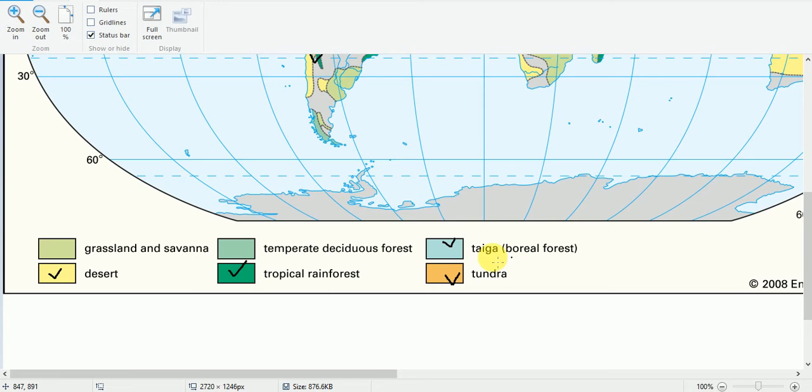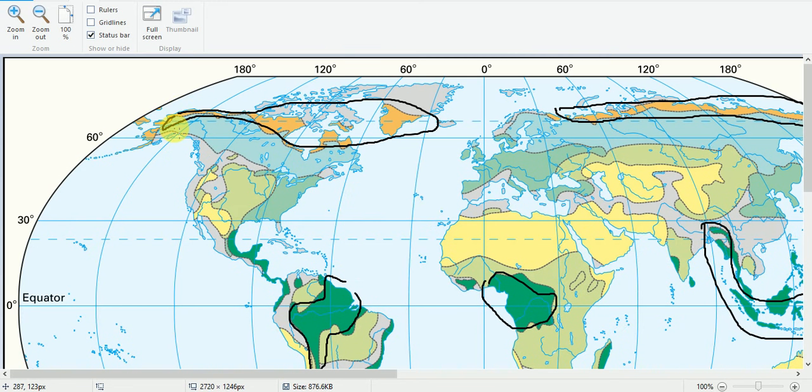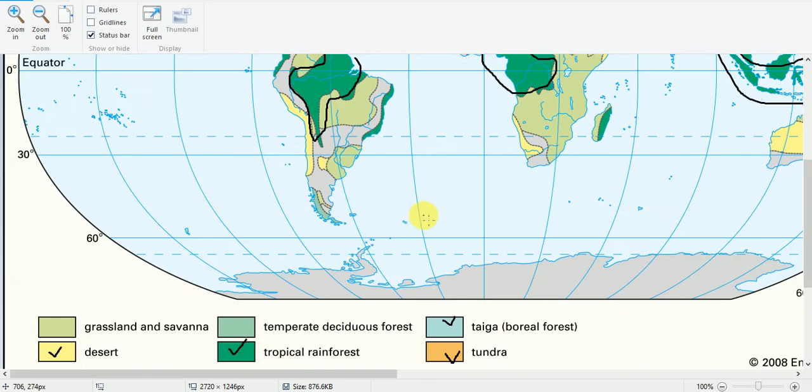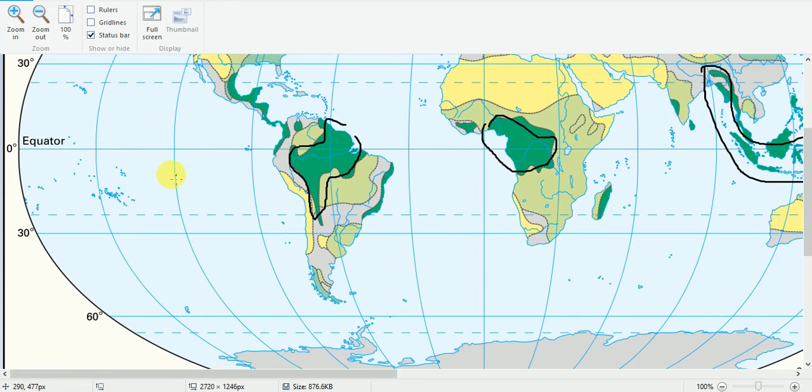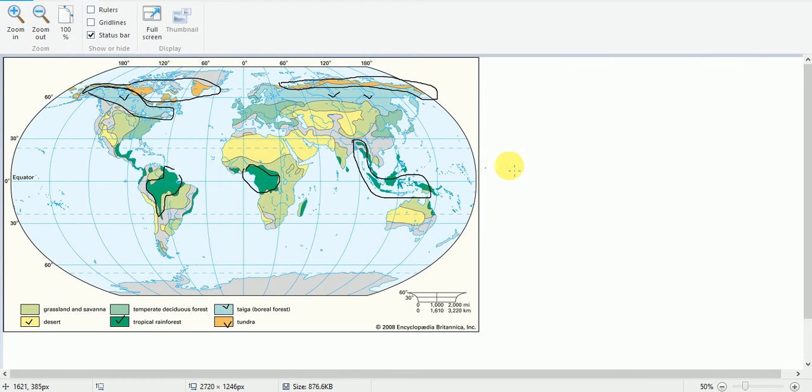Then see the light blue one, taiga. Taiga is here, in the northern part of North America, that is the Canada area, and here also we find taiga. So let us proceed. In due course of time it will be referred to.